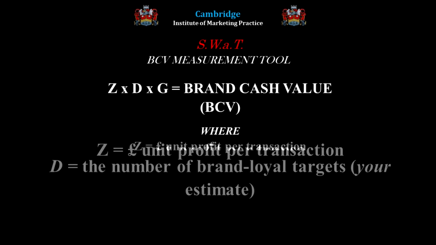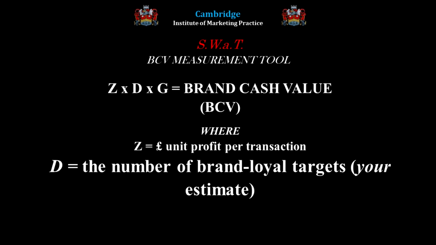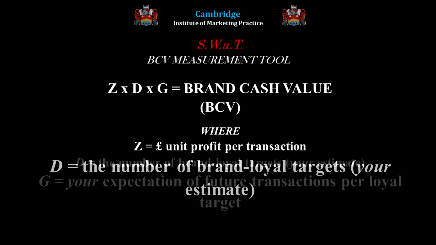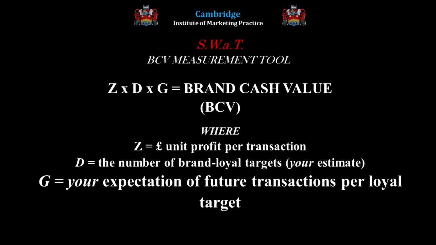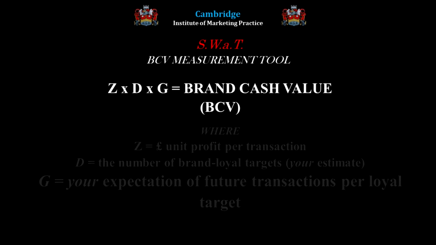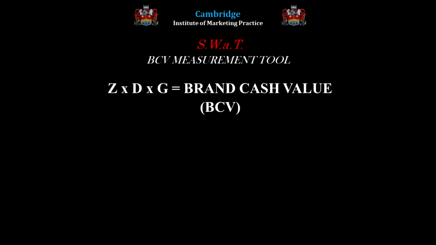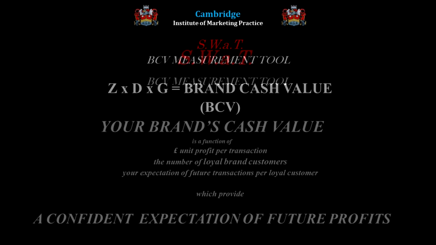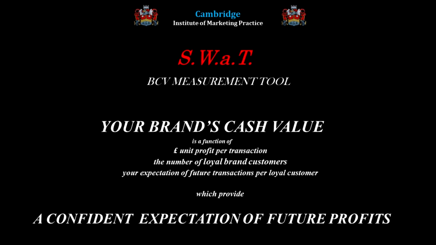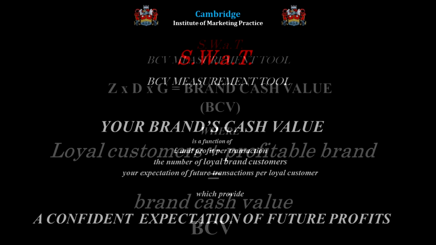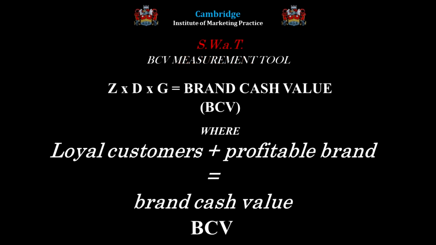That is Z. Calculate the number of loyal targets you have, that is D, and complete with a loyalty factor, how many transactions you can expect from each loyal target, that is G. Stir that together, multiply Z times D times G, and you get an expectation of future profits from the brand, and that is worth cash. Loyal customers plus profitable brand equals brand cash value every time.